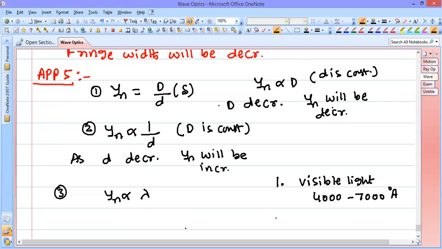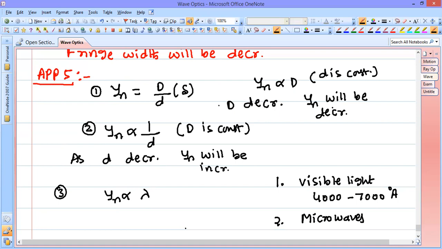Next, second, suppose if I consider microwaves. Microwaves will have a wavelength which is in the order of 10 power minus 3 meters to 10 power minus 7 meter.